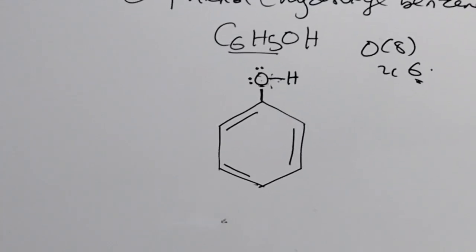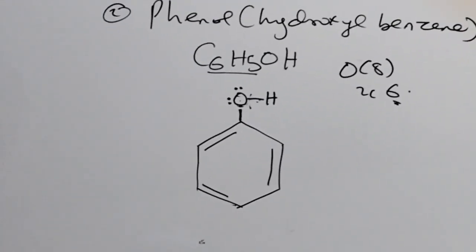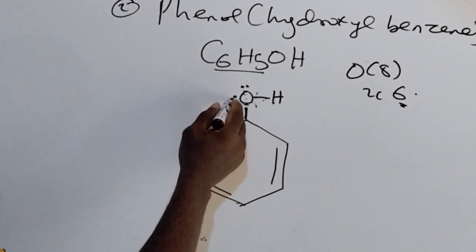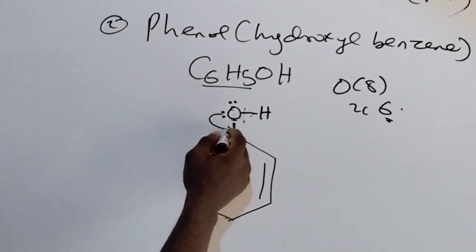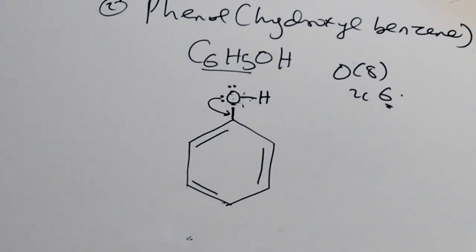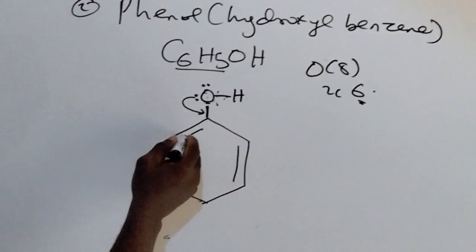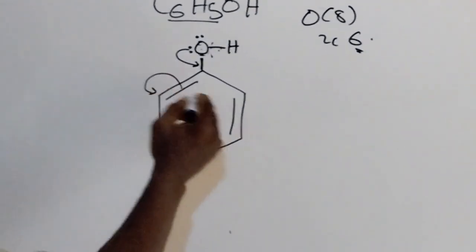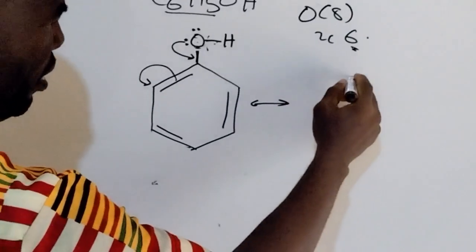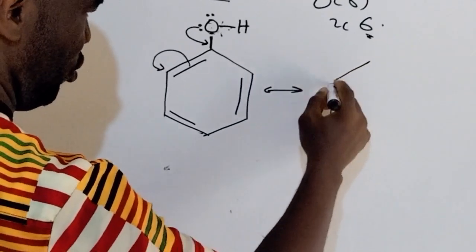To demonstrate the resonating structure of phenol, we have to shift this electron. The hydroxy group is a positive mesomeric group. So when we shift the electron, we also shift this one to a different position. We now have the next resonating structure of phenol drawn.